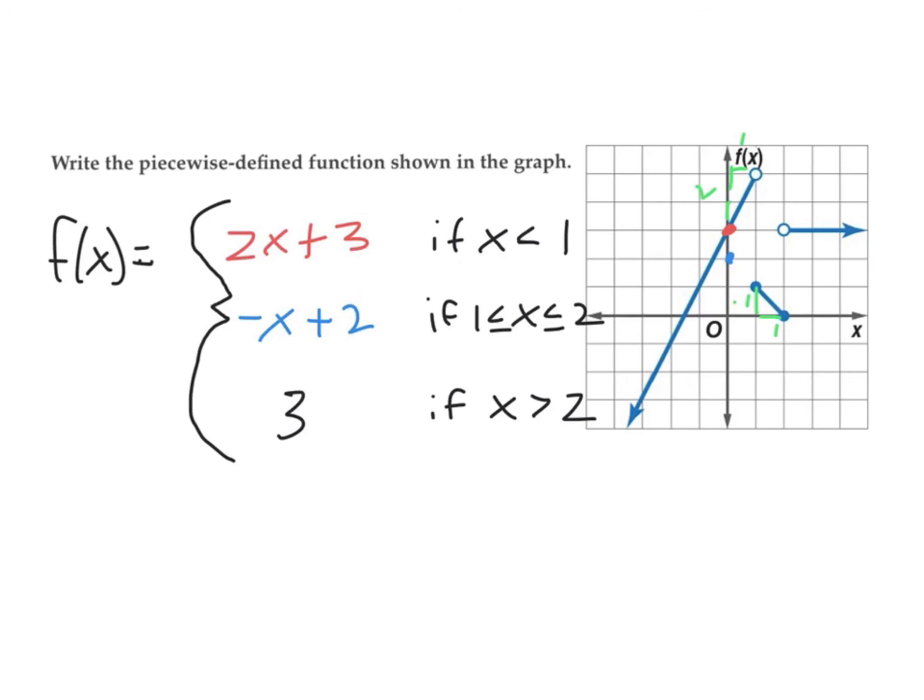Okay, this one did not ask us to find the domain and range. If it did, okay, you'd notice that there were no gaps here. As I move along, as soon as I get to where y equals 1, it jumps from here to here. So it keeps going, then it jumps from here to here, it keeps going. There's no gap. If there was a gap, you'd see something like, this might be a 4, right?